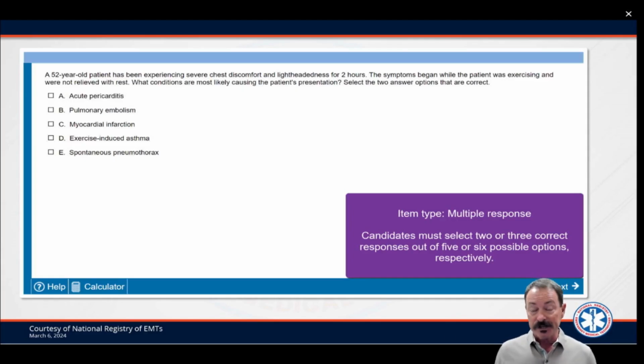That is not angina because it's lasted longer than 30 minutes, right? Not relieved with rest, oxygen, or nitroglycerin. So it could be a myocardial infarction. And then it was a sudden onset, right? And so that could be a pulmonary embolism in that situation.